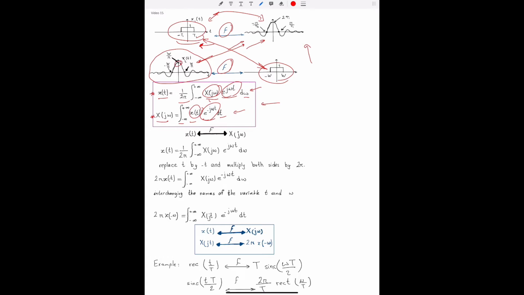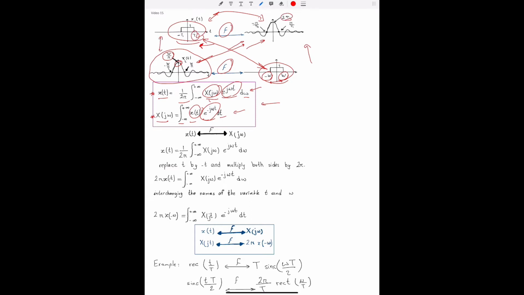For example, here we have W divided by pi as the magnitude, and then minus W and W is the width of this square wave here, but this is not the case for the case above.